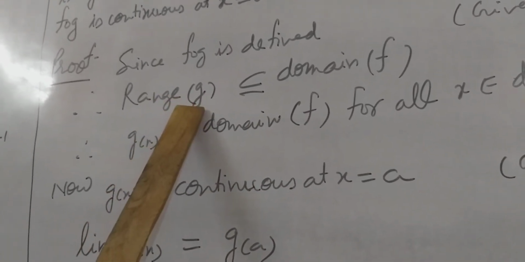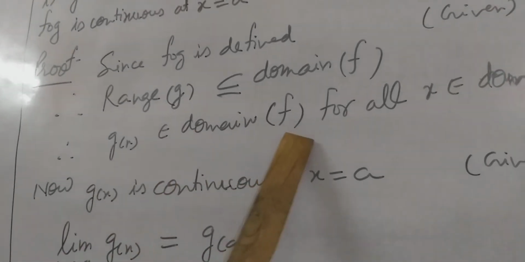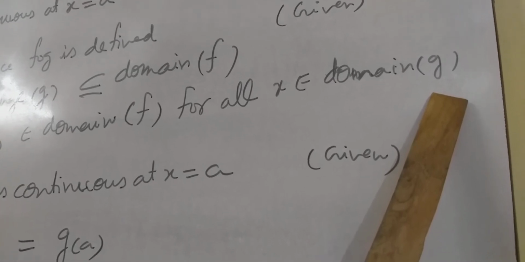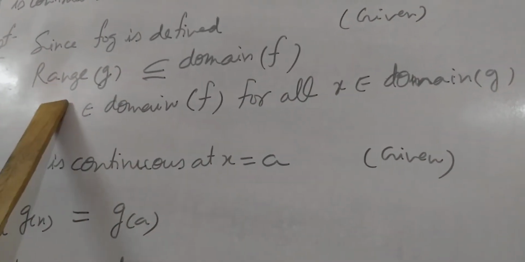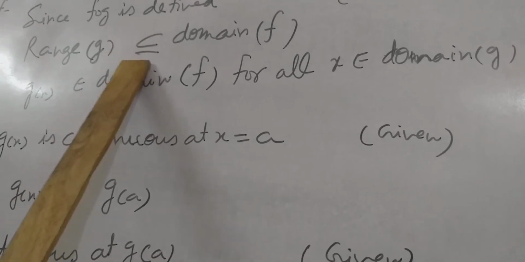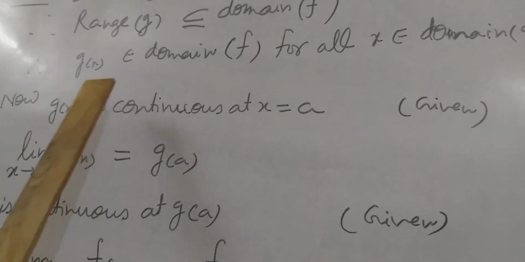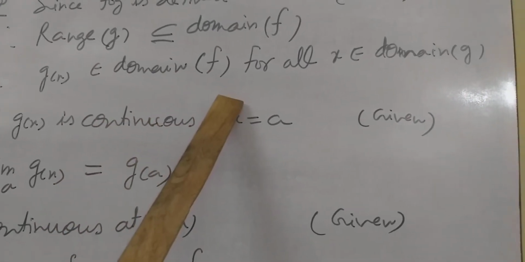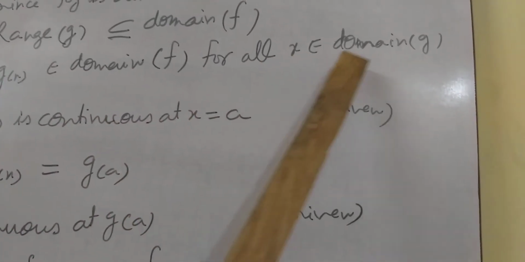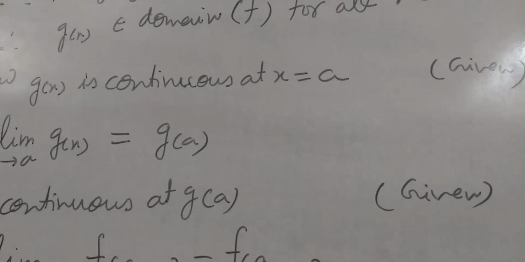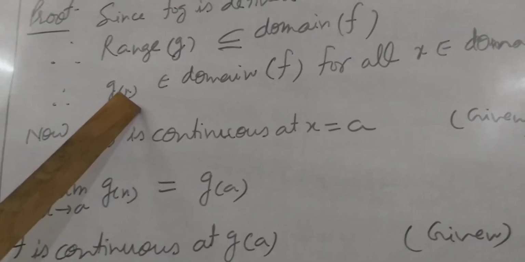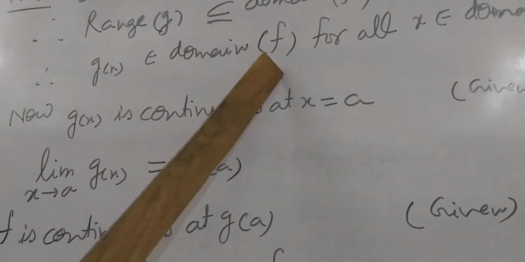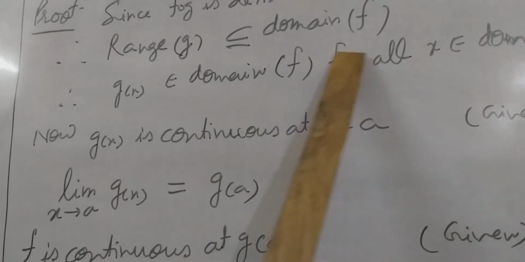Range of g means g(x) belongs to the domain of f for all x belonging to the domain of g. Because the range is a subset of or equal to the domain of f, we can write g(x) belongs to domain of f for all x belonging to domain of g. Means for all values of x, g(x) belongs to domain of f. It is given to us, students.